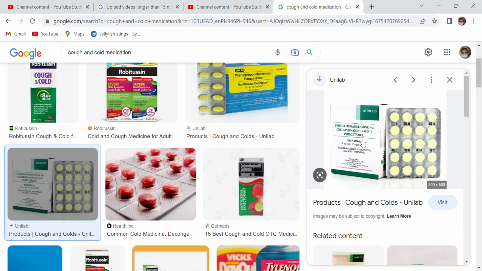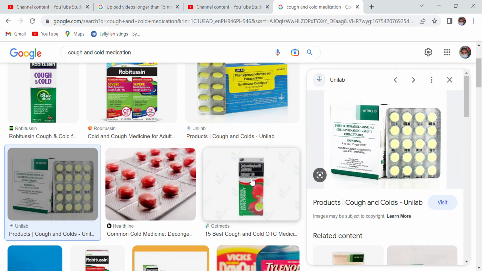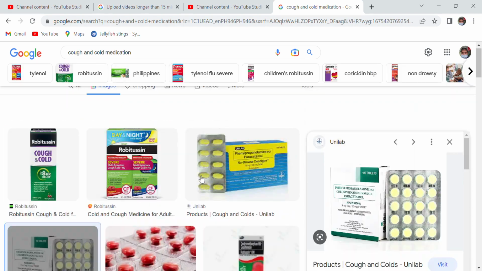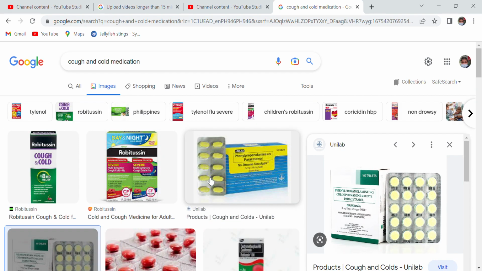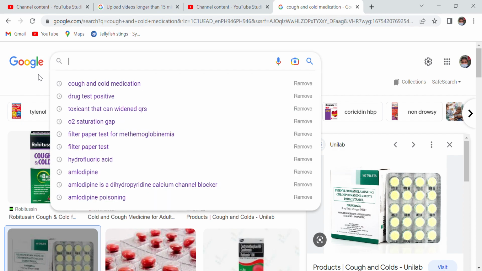What about if your cough is because of bacterial infection? Actually, by the word bacteria, you need an antibiotic. The usual medication for cough secondary to bacterial infection is an antibiotic.